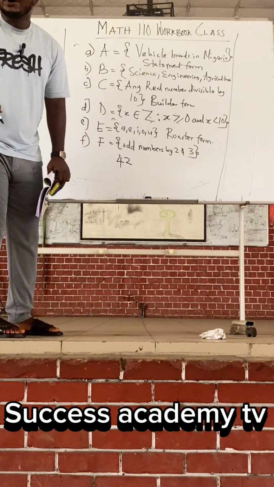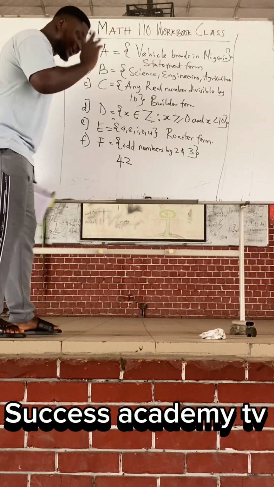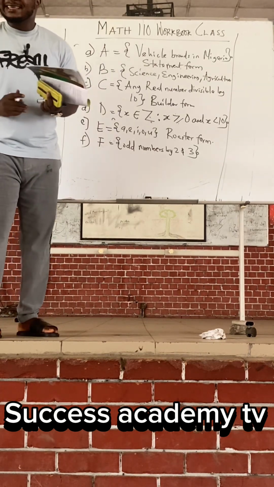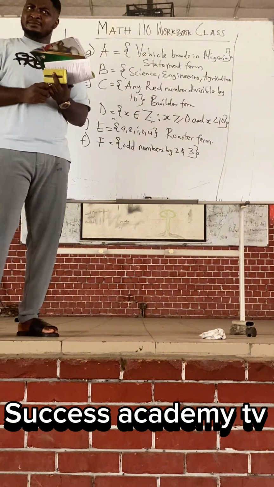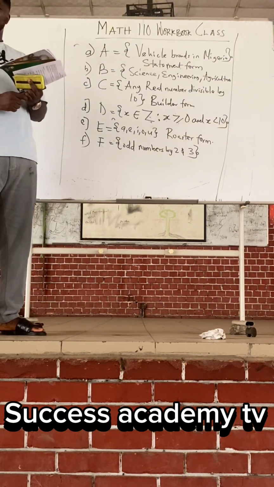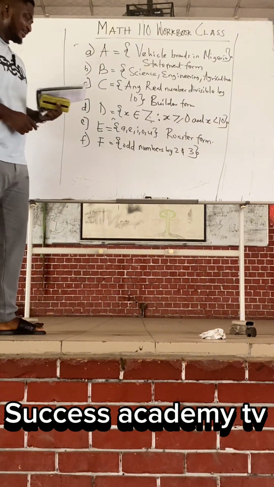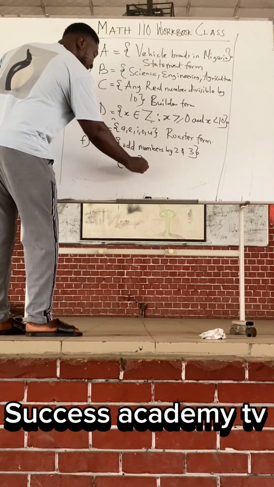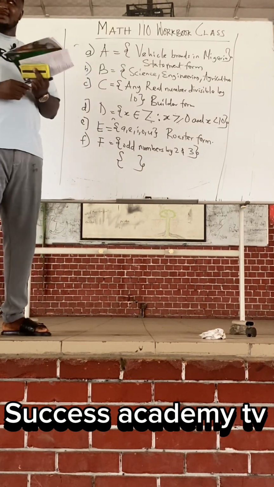Odd numbers. Sorry. I retract my statement. Someone said 18. 18 is an even. Class, this is therefore an empty set.